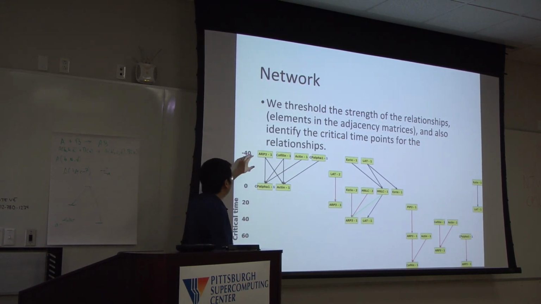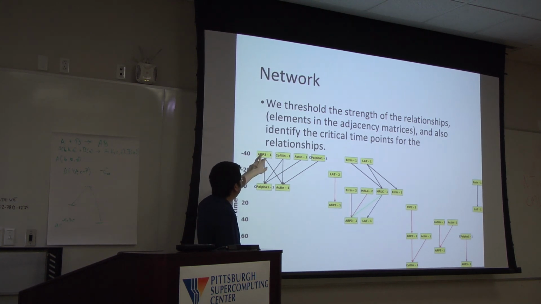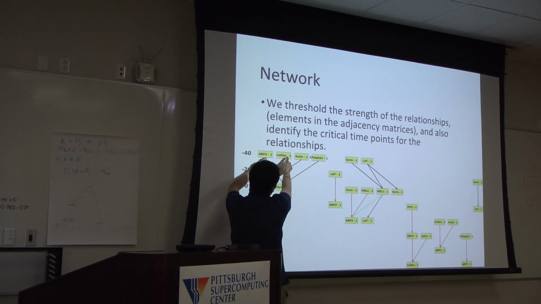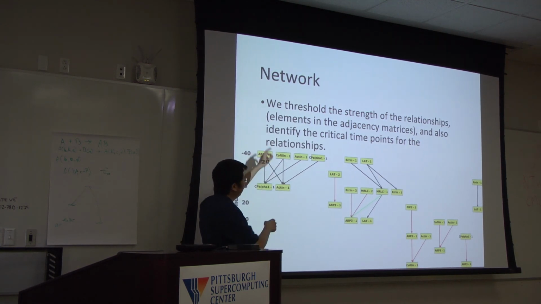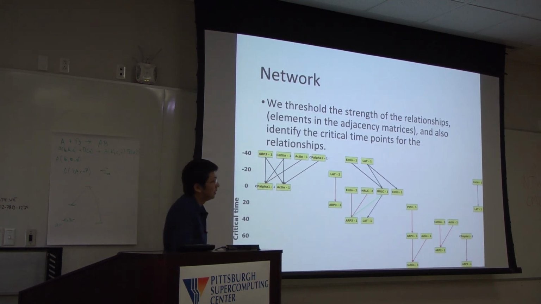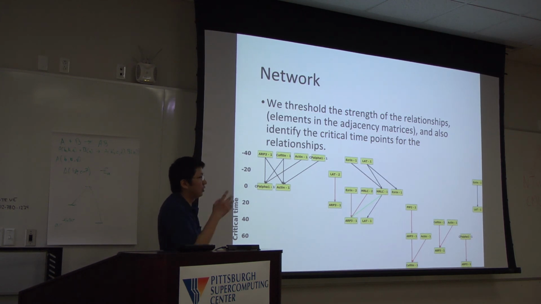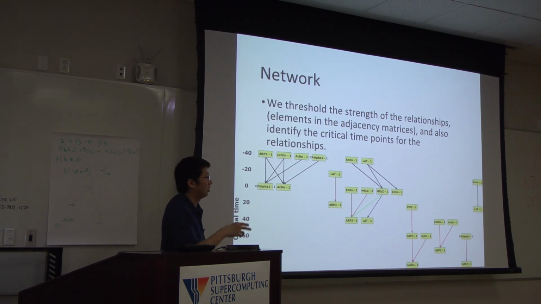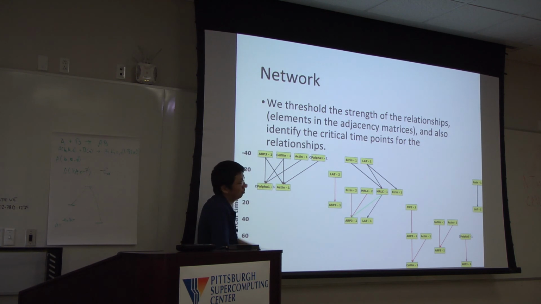So these two are the positive relationships, and this is the negative relationship. We can see there are some interesting results: ARP3 in region 1 and also cofilin in region 1 going up can promote actin in region 1, the synapse region, going up. This is consistent with our previous results and also biological literature. ARP3 and cofilin are regulators for actin.